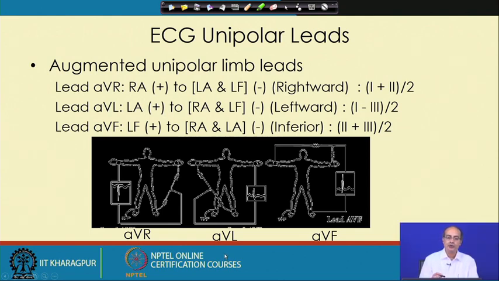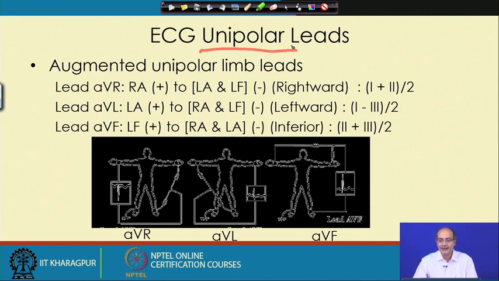Next, we come to more leads. Now, the first thing we should note here is that we are talking about the unipolar leads. How is it possible with one lead to measure a potential?